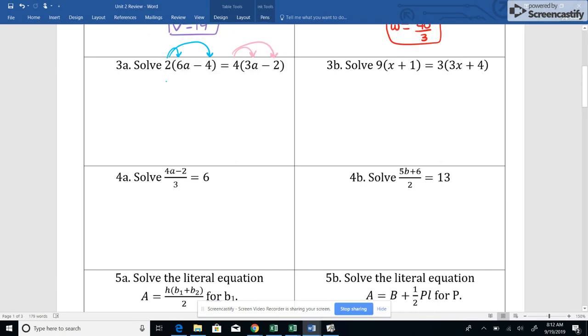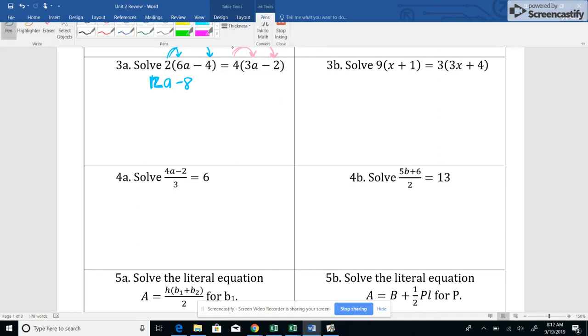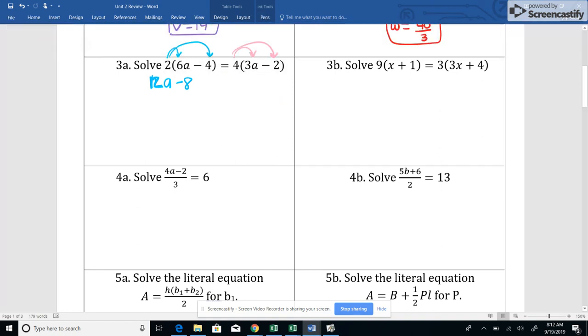So I have 2 times 6a is 12a. And 2 times negative 4 is negative 8. 4 times 3a is 12a, and 4 times negative 2 is also negative 8.